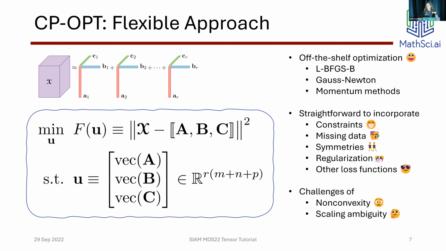I should also say in Tensorlab, which is another MATLAB tensor toolbox, they have Gauss-Newton methods as well, and they actually compute the Jacobian, and then you get faster convergence, but slower iterations. The nice thing about these optimization approaches is that it's much easier to incorporate constraints and missing data and symmetries and regularization and other loss functions, as we'll see in the next part.